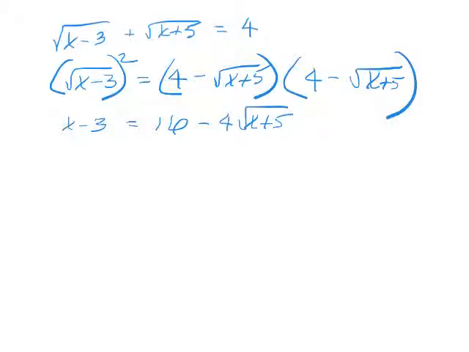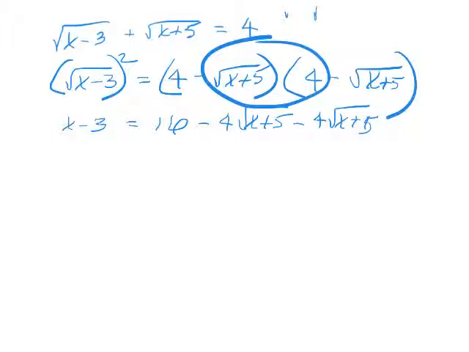Inside, which would be these, and we get minus 4 square root of x plus 5. And then we take last, square root of x plus 5 times square root of x plus 5. All that means is my radical sign comes off, and we get x plus 5.